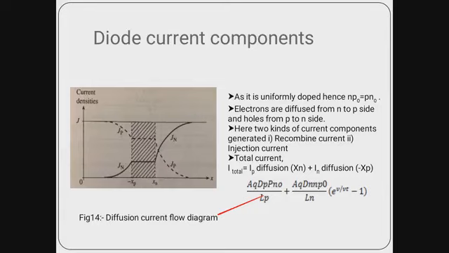Here the y-axis represents the current and the x-axis represents the distance, and this is the depletion region, where xn represents the depletion region on the N side and xp on the P side.